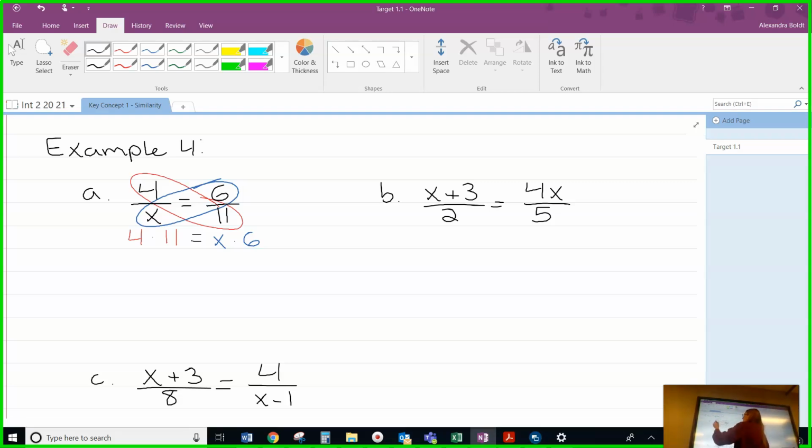Well, 4 times 11 is 44. And x times 6, again, we usually just put that coefficient out in front. And I get 44 equals 6x.